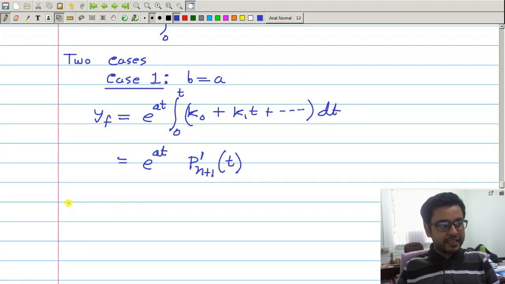And the second case is when b is not equal to a.